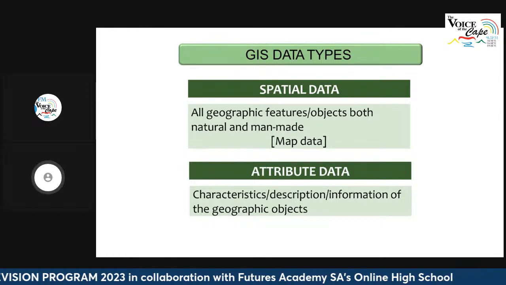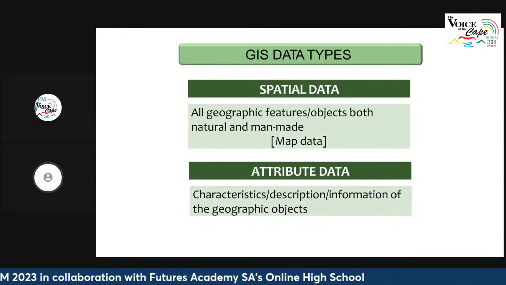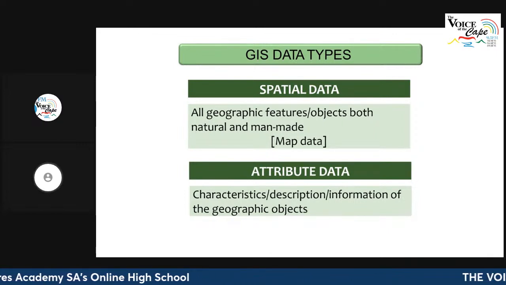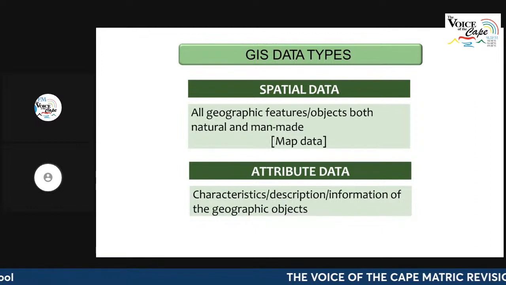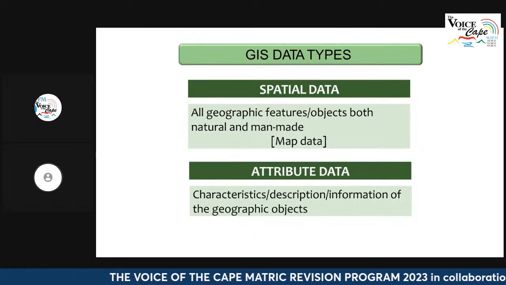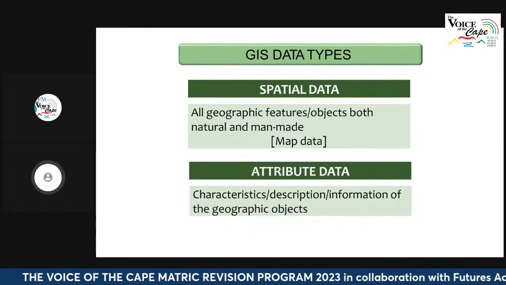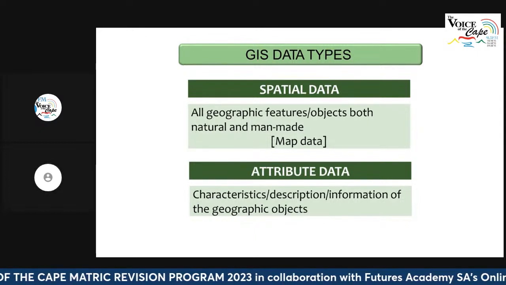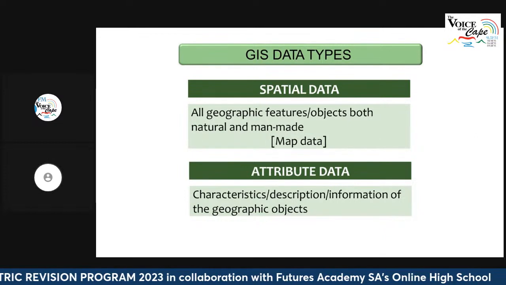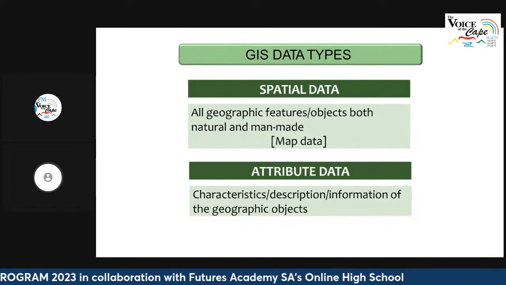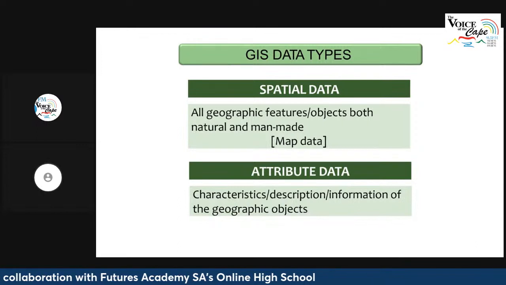So it's all features and objects, not only natural but man-made, and we refer to that as map data. Then we get something called attribute data. Attribute data is either a characteristic or a specific piece of information about that geographic object or that map data.